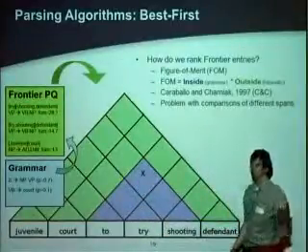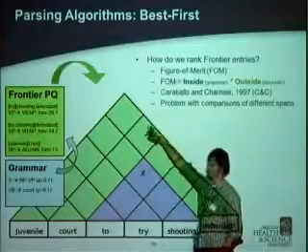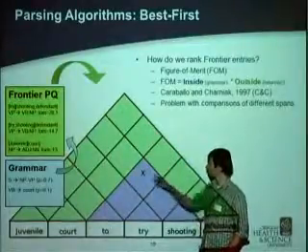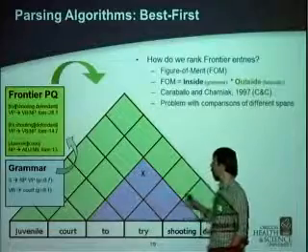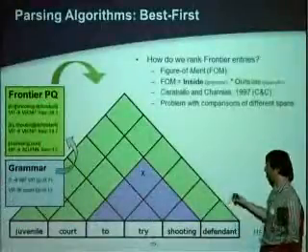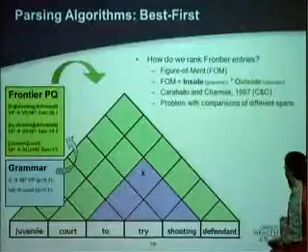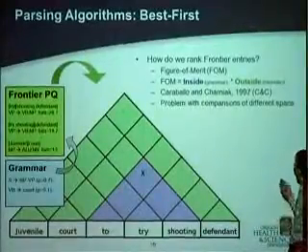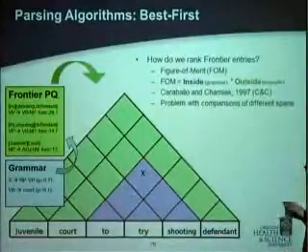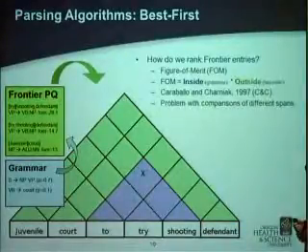And then you also have a heuristic estimate of how well this non-terminal is going to participate in a final full parse. So we call this the inside probability, and then this the outside probability. The inside we get from our grammar rules. The outside, there's various heuristics to estimate that. In our setup, we use Caraballo and Charniak's method for estimating the figure of merit, which works pretty well.